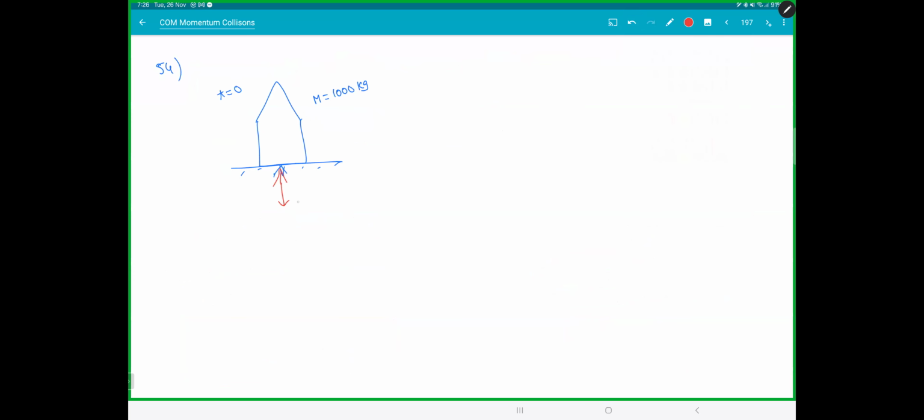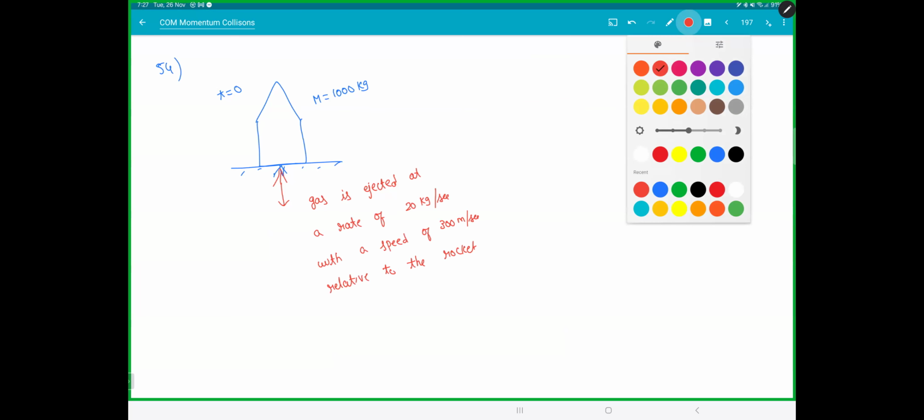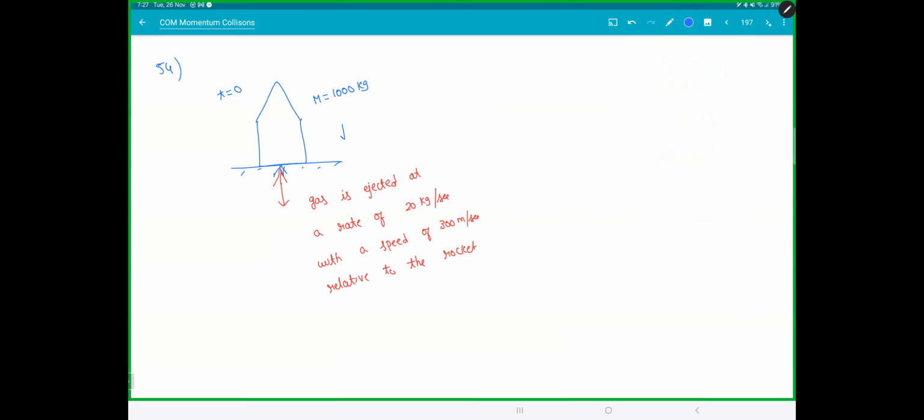The gas is ejected at a rate of 20 kgs per second, with a speed of 300 meters per second relative to the rocket. Gravity is there. Someone didn't design the rocket properly.